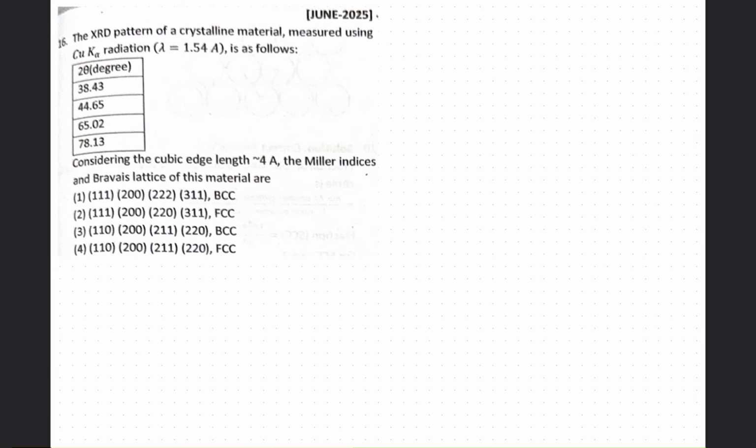Now next question. The XRD pattern of a crystalline material is measured using copper radiation of a given lambda value. Considering a cubic edge length of 4 Angstrom, the Miller indices and the Bravais lattice of this material are asked. In this you have to calculate HKL.